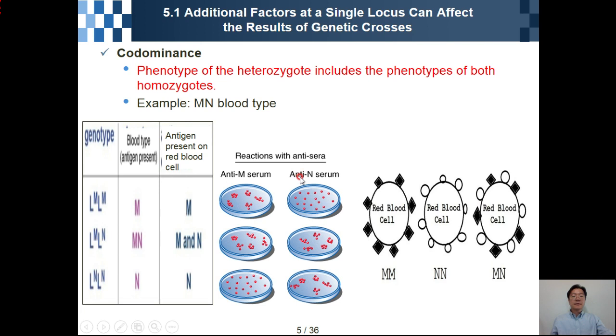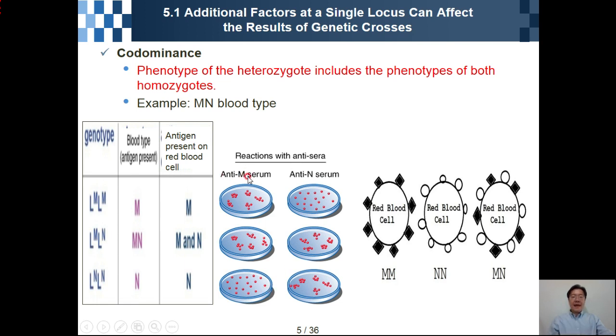How about the anti-N serum? This is an antibody against the N antigen, but this blood type doesn't have any N antigen, so there are no reactions like this. How about this one?